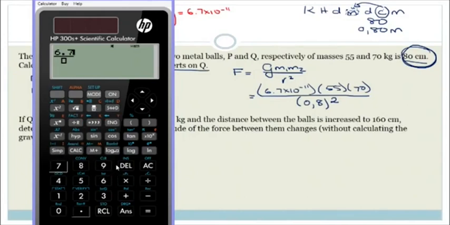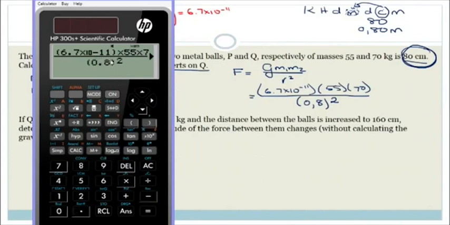Can anybody see an exponent? There we go. Times 10 to the negative 11. Okay, and actually I'm going to go all the way to the front and put this in a bracket, and go all the way back and put it in a bracket just in case. 55, times 70, all over, and then it is going to be 0.8, close bracket.